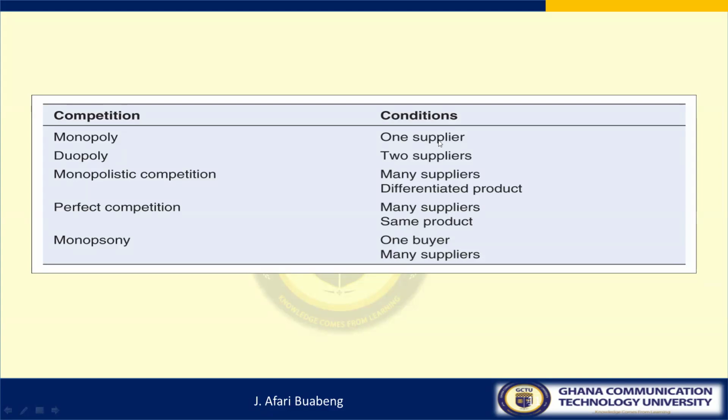Here the forces of demand and supply operate without any form of interference. So the market is operating freely, and in that case, equilibrium will be achieved.